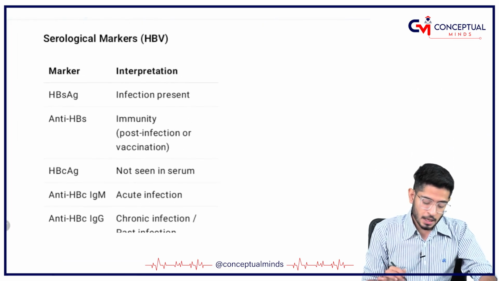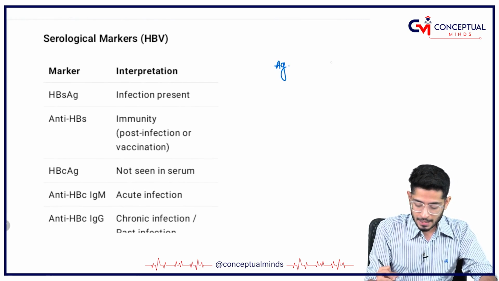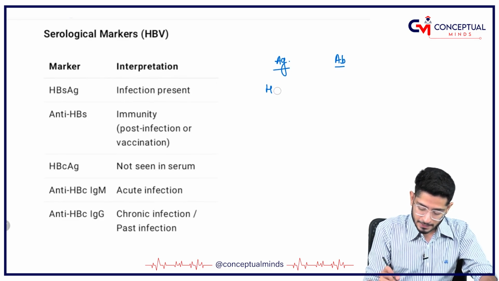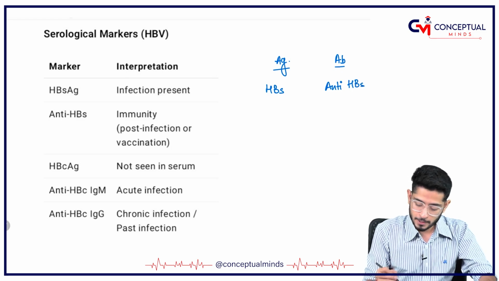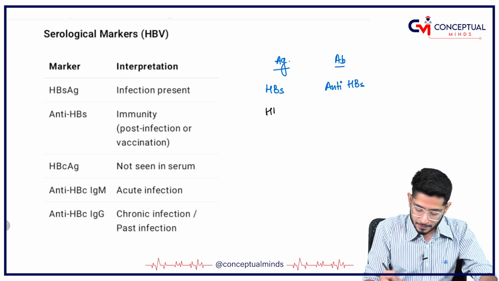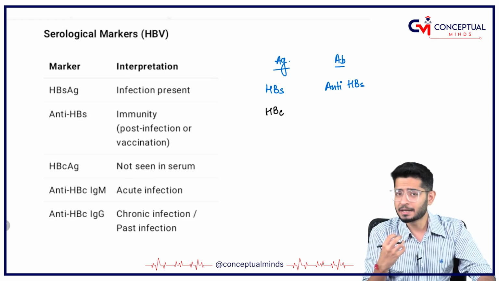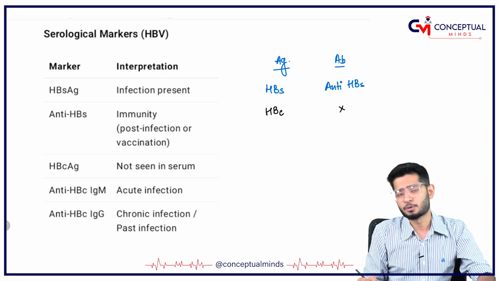So see here, now there are two things. One is the antigen and other is the antibody. Okay, so remember that there is an antigen called hepatitis B S antigen. Similarly there will be an antibody called hepatitis B S antibody. Similarly there will be hepatitis B core antigen, but because it is inside the hepatitis virus, there is no antibody corresponding to the core.